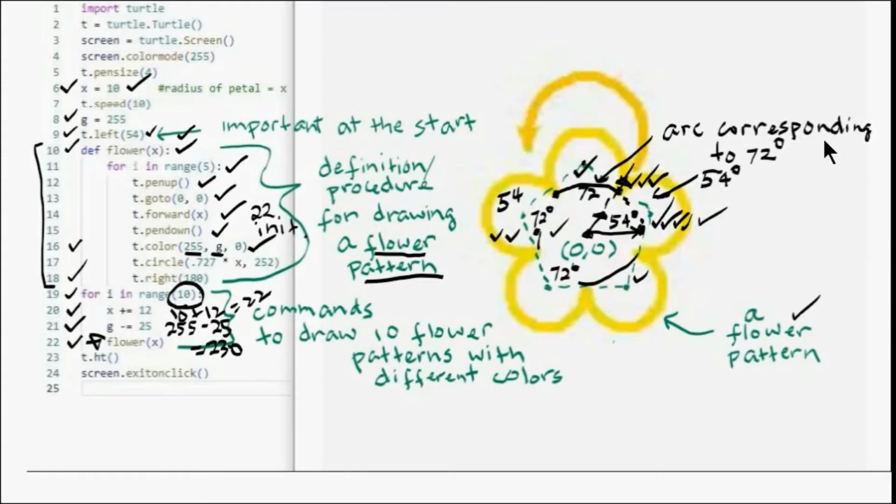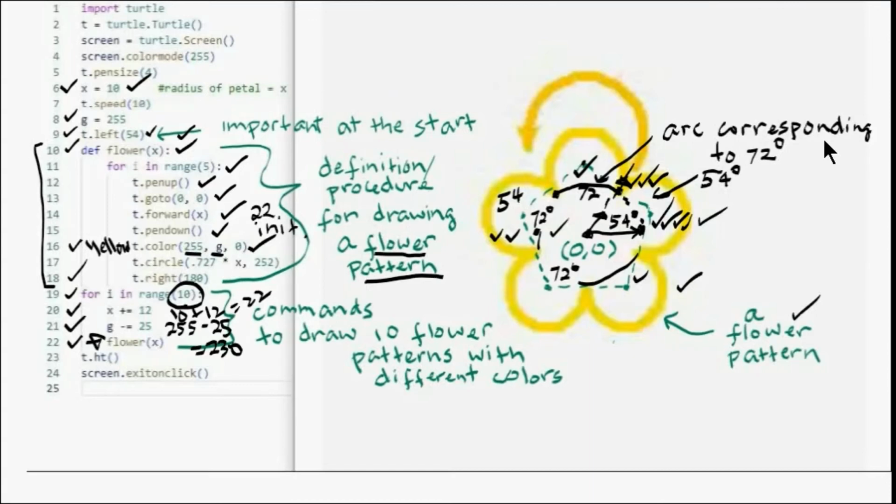Let's go up to number 16. If the numbers that we have in the RGB are 255 for R, 230 for the G, and 0 for the blue, this is going to be yellow. As you can see, the color of the flower pattern here is yellow.